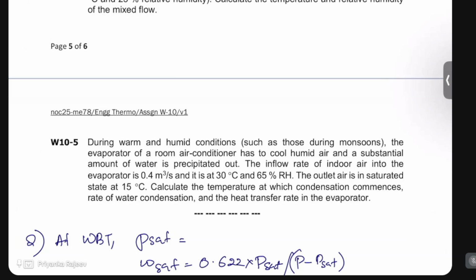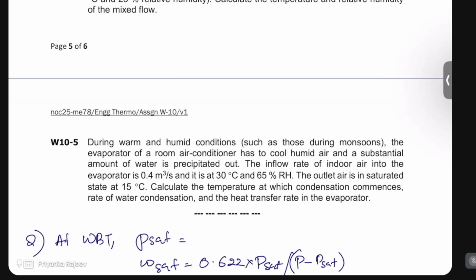So Psat times 0.65, that is the relative humidity. So dew point temperature is where Psat is happening. So condensation temperature we can find from the corresponding temperature of Psat.